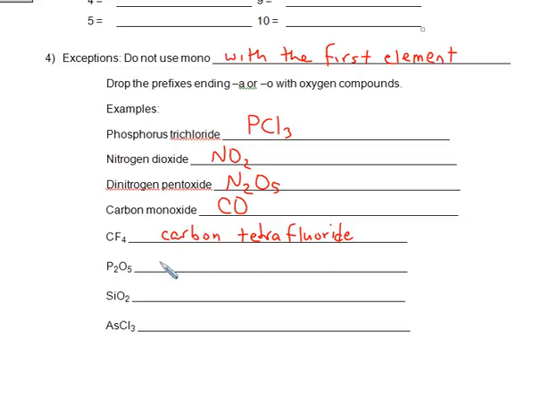Next one, we've got 2, so it's di, and then phosphorus. We have 5 oxygens, that's penta, but because it's oxide, we drop the A and it's pentoxide. So we didn't say pentaoxide, we said pentoxide.